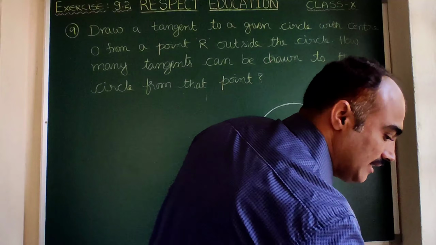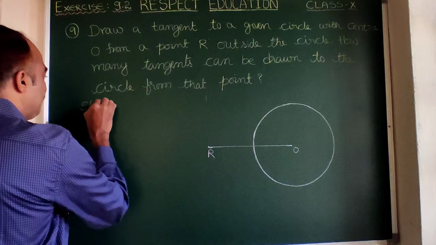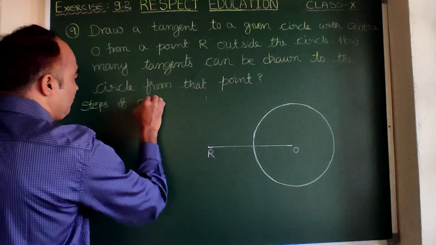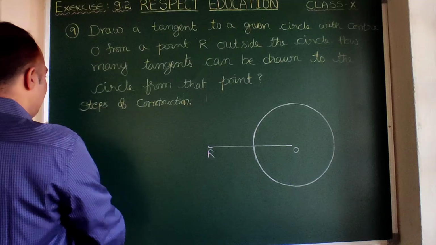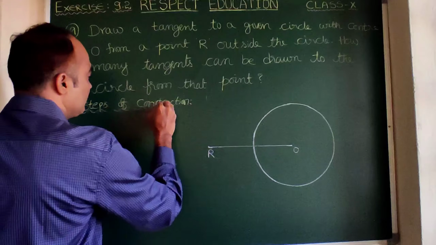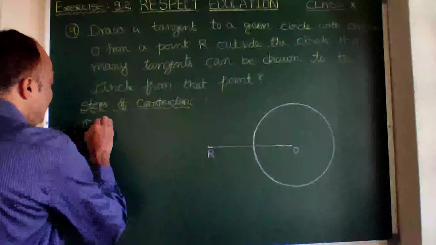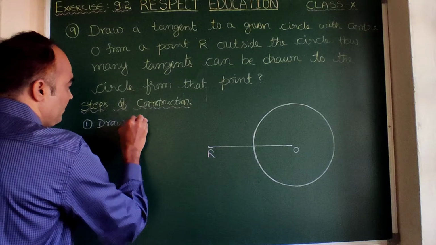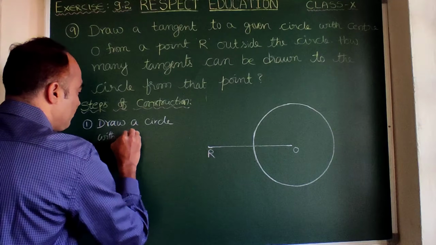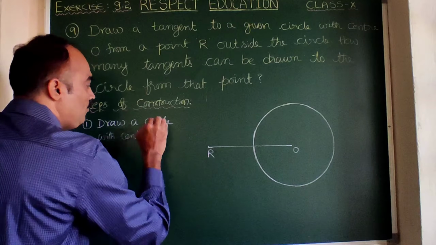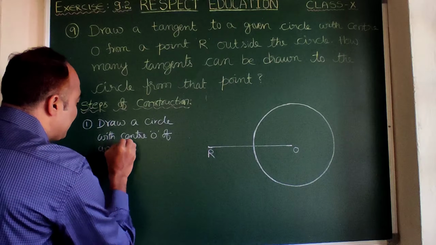At the same time, we can write the steps of construction on this side. Steps of construction. First, draw a circle with center O of any convenient radius, because here the radius is not mentioned.